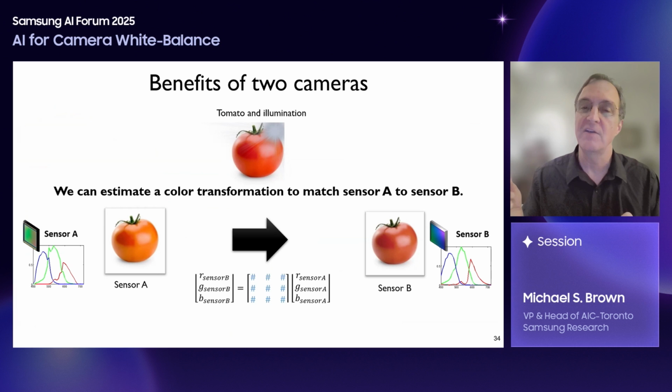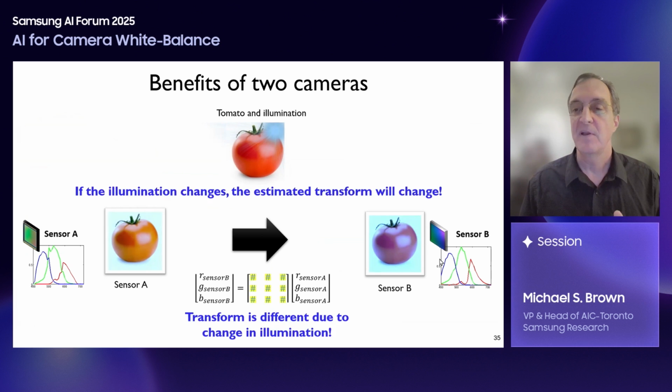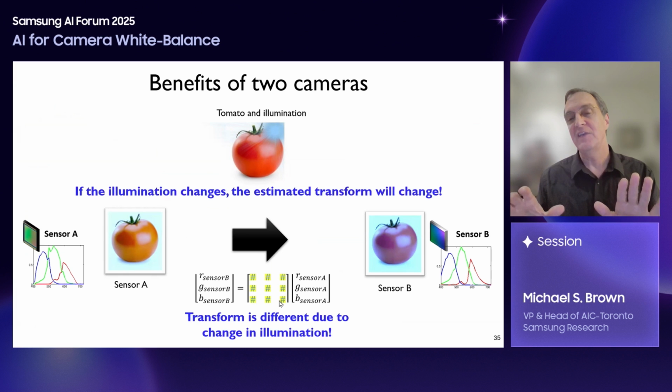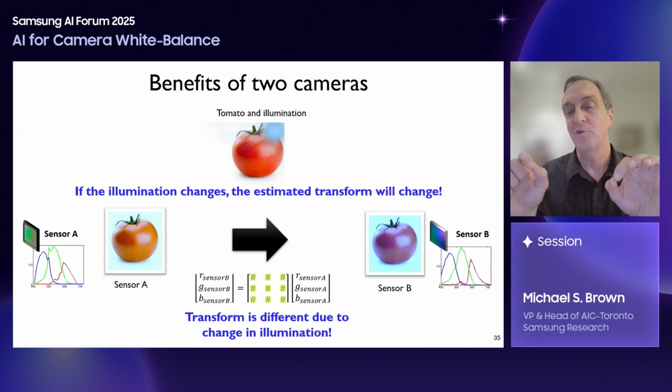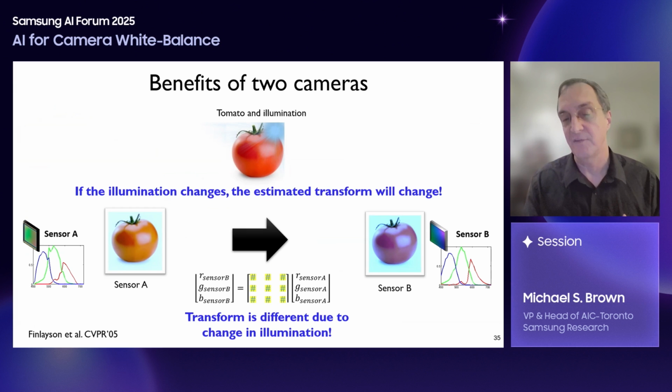This is just like how we calibrated the camera earlier. Now, what if I change the illumination? Because these sensors are all slightly different, that transform will change. So now we see that the transform between these two cameras is related to the scene color, and it's also related to the illumination. This observation was made almost 20 years ago, in a slightly different context, by Graham Finlayson.